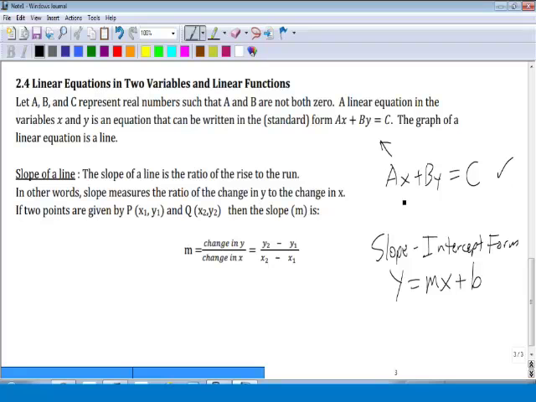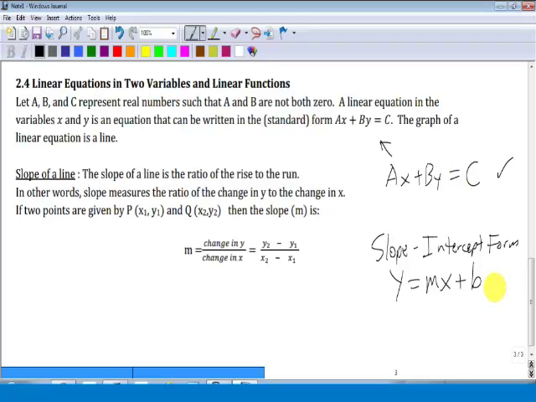So if the equation we're dealing with has nothing other than x terms, y terms, and constant terms, no x squared, no y squared, x cubed, y cubed, no square roots of variables, no variables multiplied together, no variables in the denominators, x terms, y terms, and constant terms, nothing but that, it's guaranteed to be a straight line. So standard form of a linear equation, and then from that we can take that, solve it for y if it has a slope. If it has a slope, we can put it in slope-intercept form.